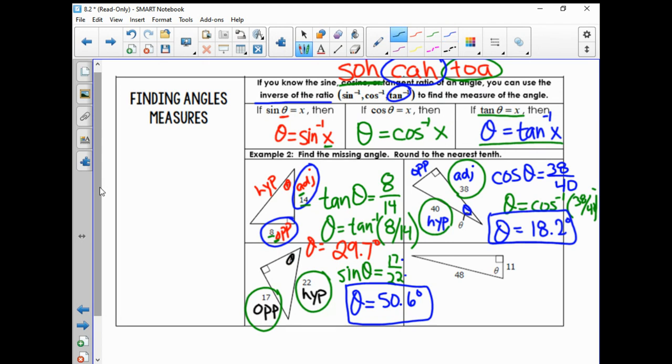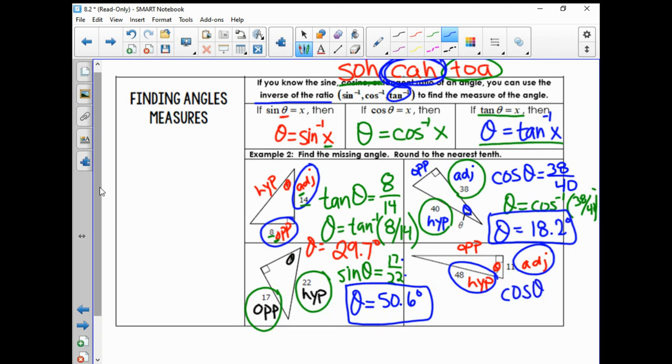All right, last example here. Again, they've given us this theta, so I'm just going to label my triangle opposite, hypotenuse, and adjacent. This time it's the hypotenuse and the adjacent that they've given us. So again, we're going to take a look at the cosine here.